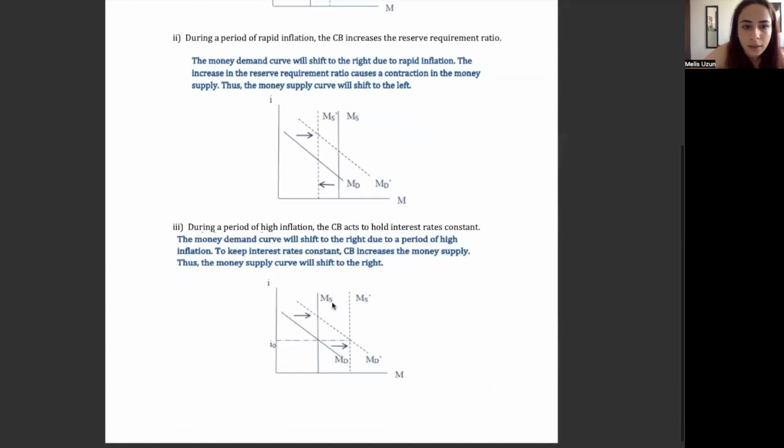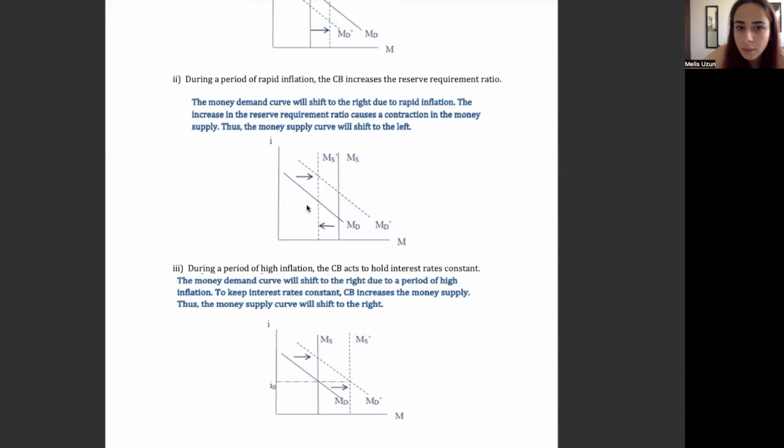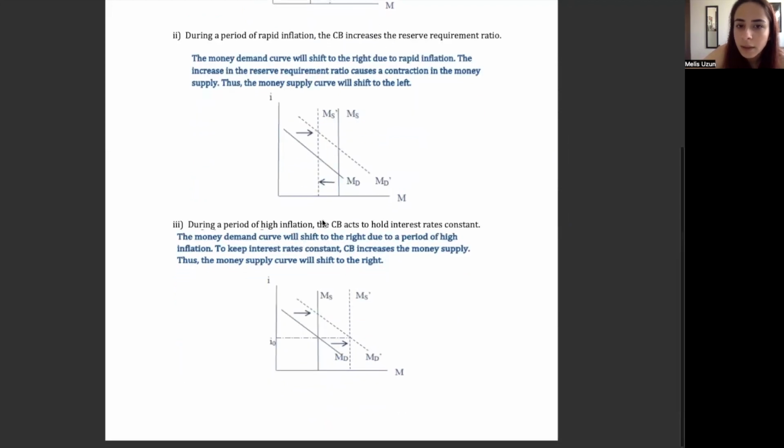So let's look at the third one. During a period of high inflation, the central bank acts to hold the interest rate constant. Before, the interest rate was changing, but now the central bank wants to hold it constant. When there's high inflation, the money demand curve will shift to the right. Let me draw the graph from scratch here.